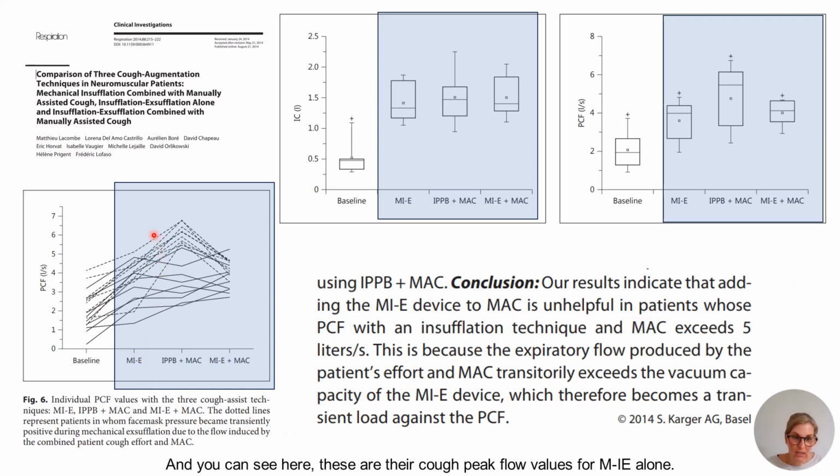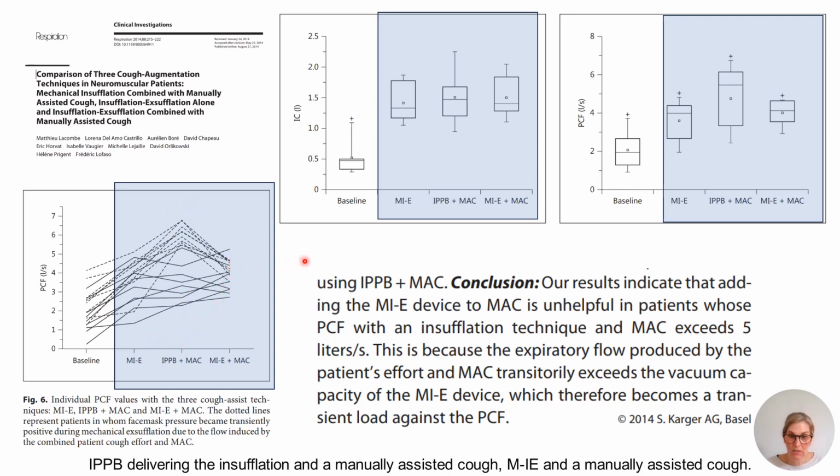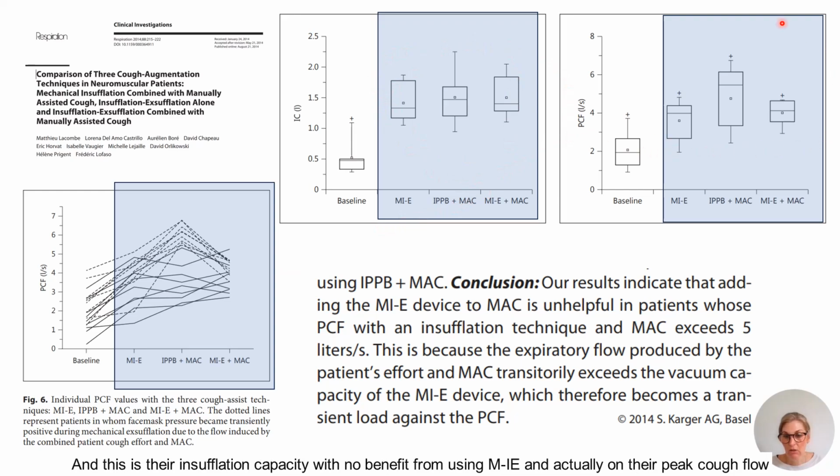And you can see here, these are their cough peak flow values for MIE alone, IPPB delivering the insufflation and a manually assisted cough, and MIE and a manually assisted cough. And this is their insufflation capacity with no benefit from using MIE. And actually on their peak cough flow, the greatest change in this stronger group of patients was with IPPB and a manually assisted cough.